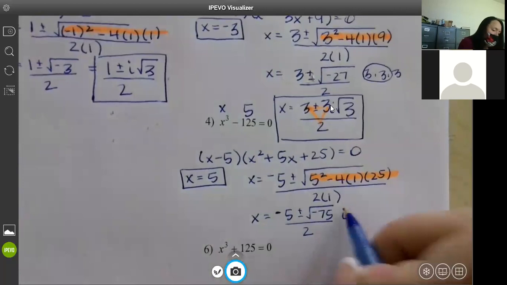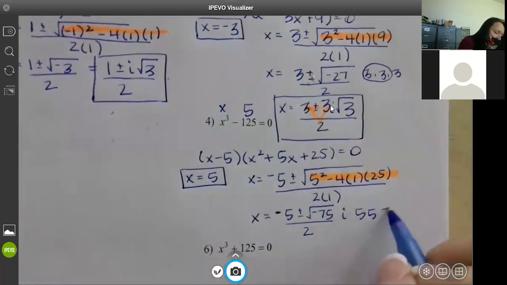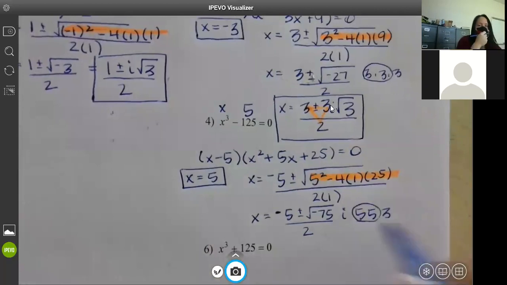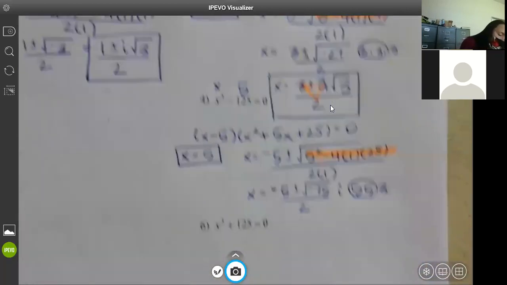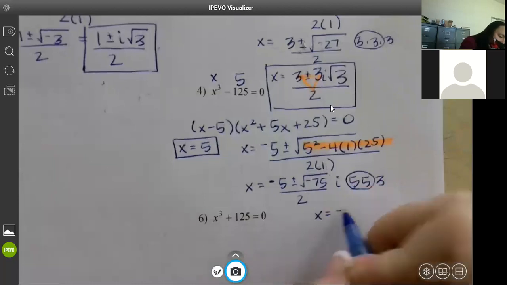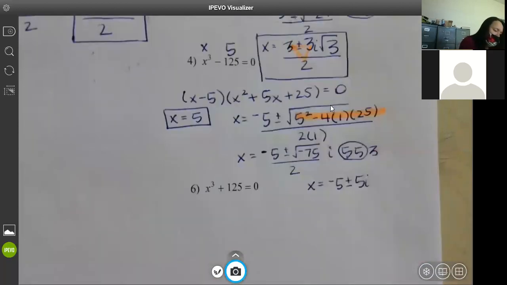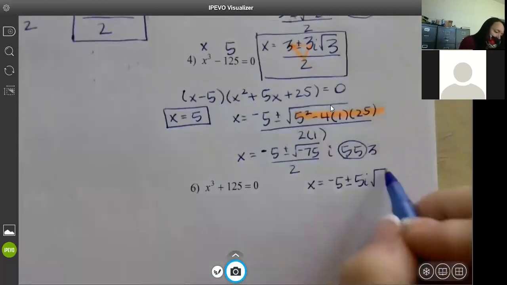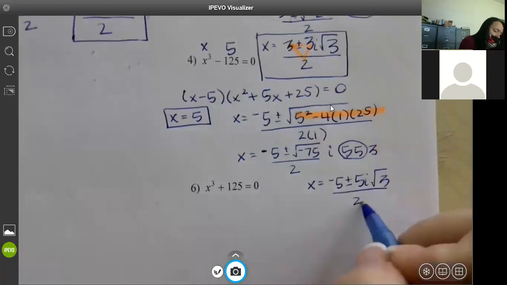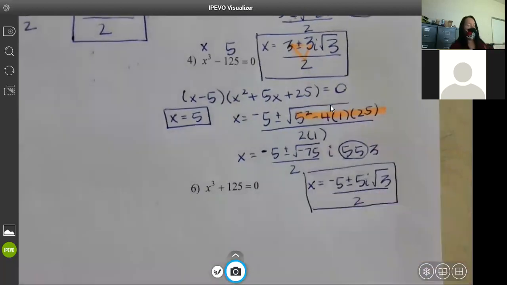If you want to put that there just to know, 75 is 25 times 3, so there's a pair of 5s. So when we simplify this, it's going to be negative 5 plus or minus, I'm taking out a pair of 5s and an i, I left a 3, divided by 2. The numbers 5 and 2 will not reduce.